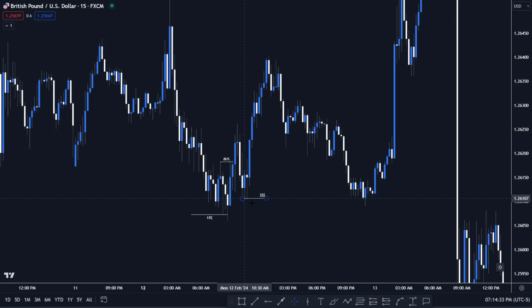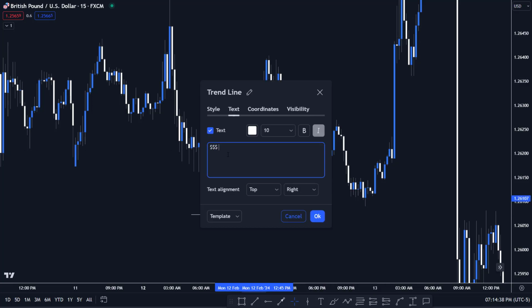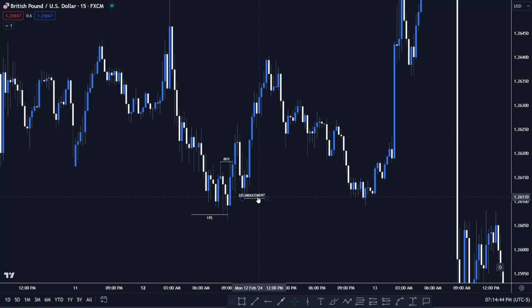So right here is what we call an inducement, inducing early buyers into placing their stop losses in these old lows. Inducement. Boom. Let's extend that. And then what we're going to be looking for to confirm our inducement is a second breakup structure. After price gives us a second breakup structure, this right here confirms our short-term low as our inducement.